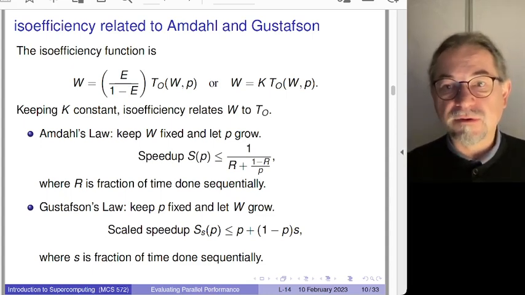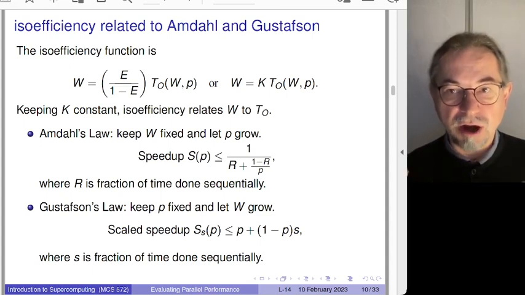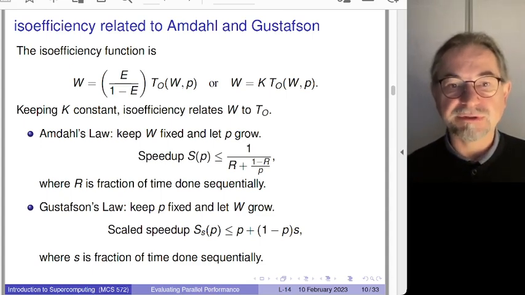Amdahl started from serial computation, where part of that computation had to be done sequentially, and then let the number of processors grow. And there we got an upper limit on the speedup. So in some sense, this was a very pessimistic law. But this law kept the problem size constant.